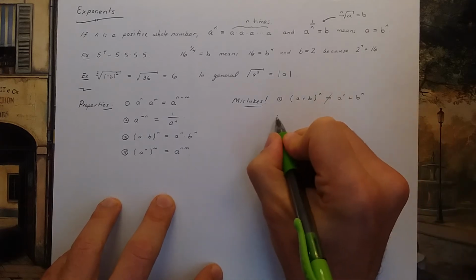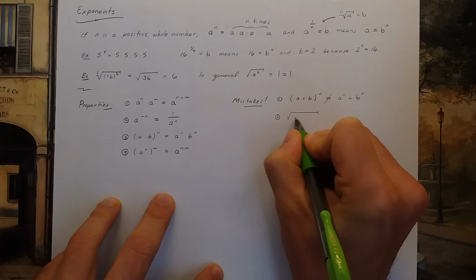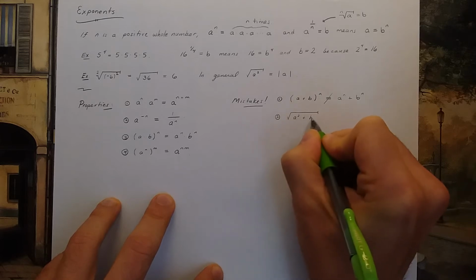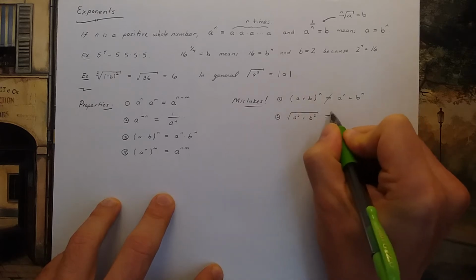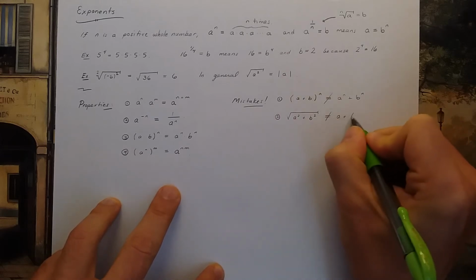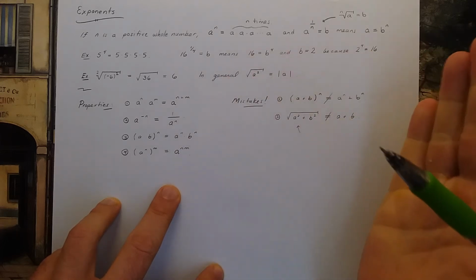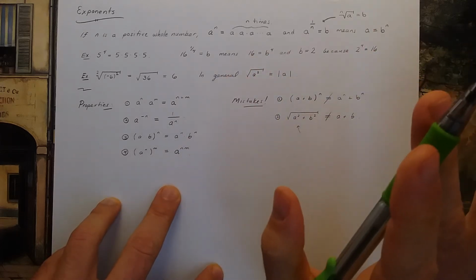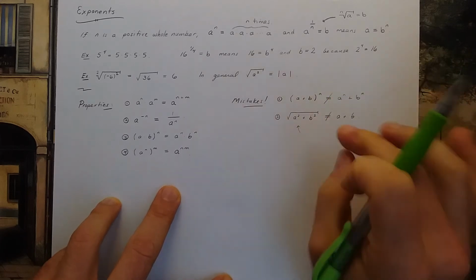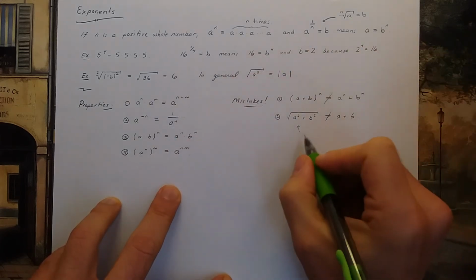Another mistake I don't want anyone to ever make is the square root of a squared plus b squared. Well, that's certainly not equal to a plus b. And again, maybe if you're ever confused if something's true or not true, my rock solid advice is just plug in certain numbers and see if it works for your choice of numbers.